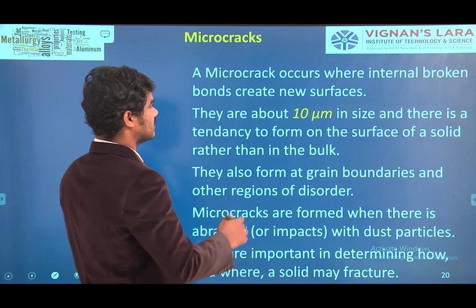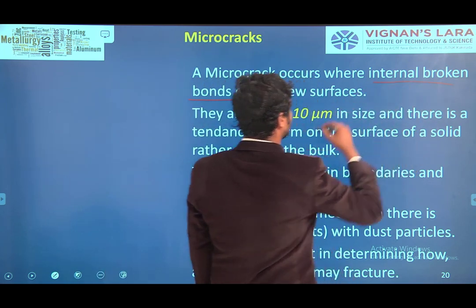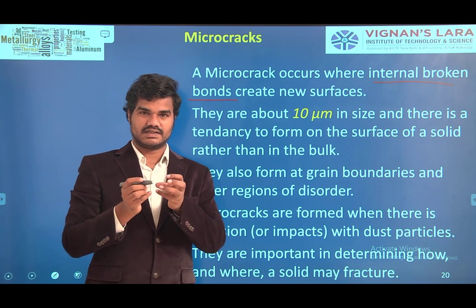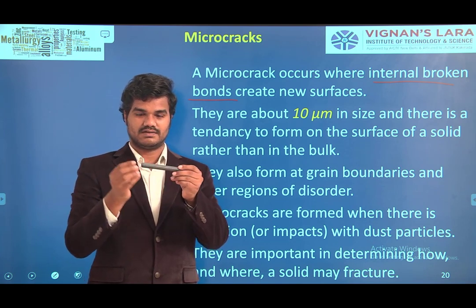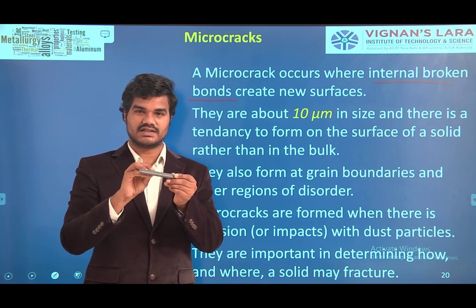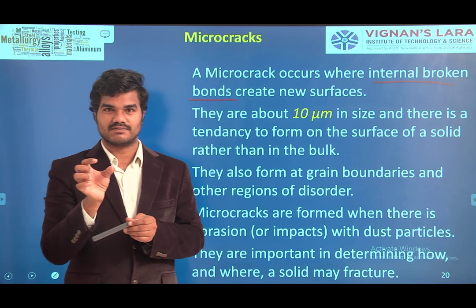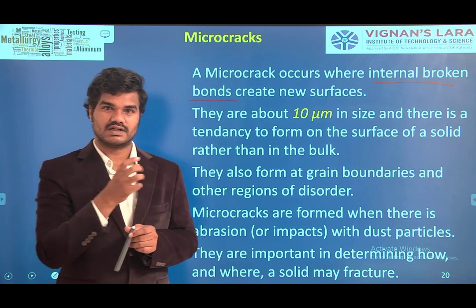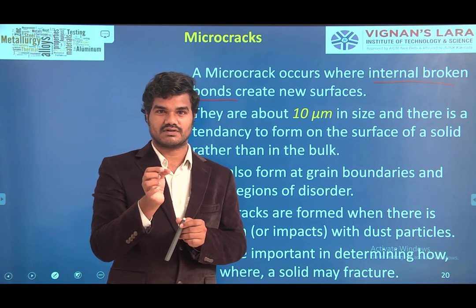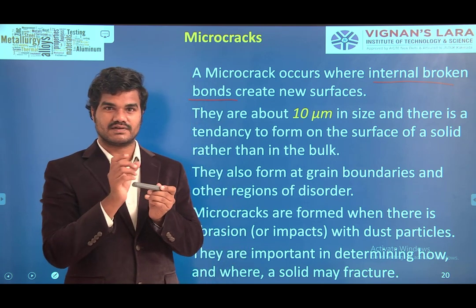A microcrack occurs when internal bonds break. Inside the material, inside the crystal arrangement, between atoms, bonds will be there. Those bonds we already discussed in the first presentation: ionic bond, covalent bond, van der Waals bond, hydrogen bond, based on the different material.